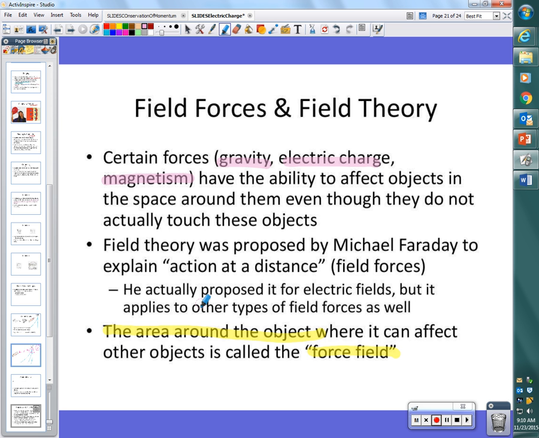So we live in the Earth's gravitational field. That's why when we toss this ball up in the air, it slows down and speeds back up, even though the Earth isn't actually touching it. Okay? Good there?